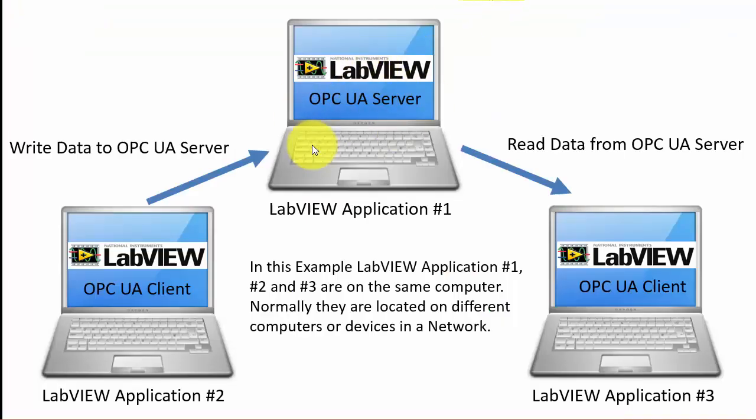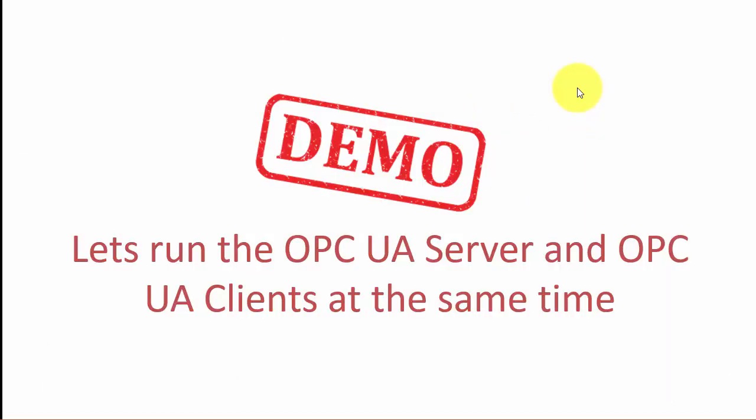So now we have created 3 applications in LabVIEW. Application number 1, OPC UA server, and then application number 2, which is an OPC UA client that writes to the OPC server, and then application number 3, which is also an OPC UA client that reads the value from the server. So let's try this in real life.